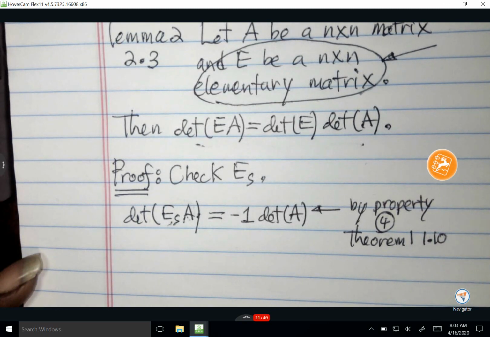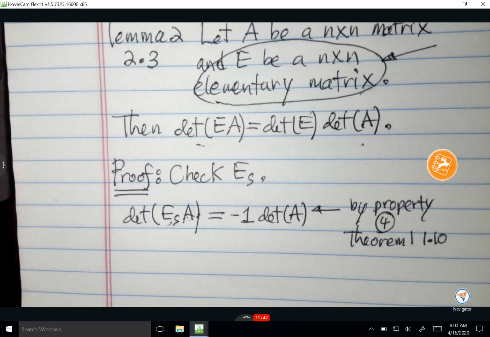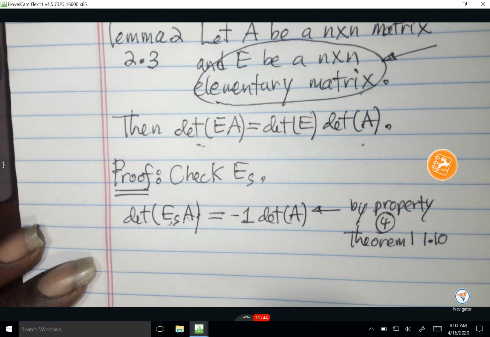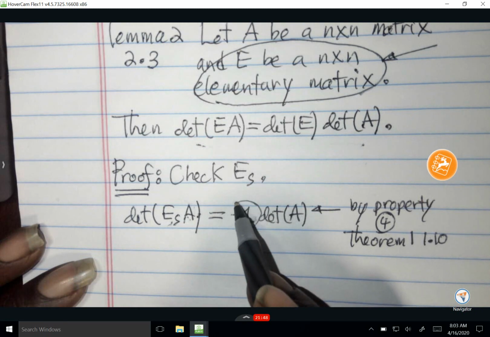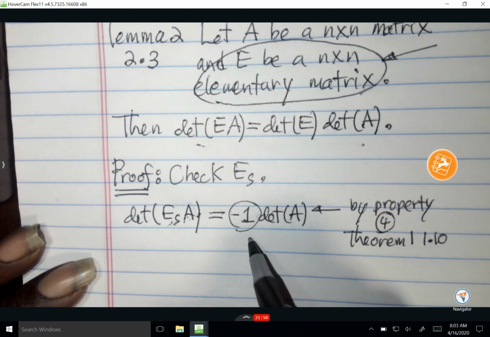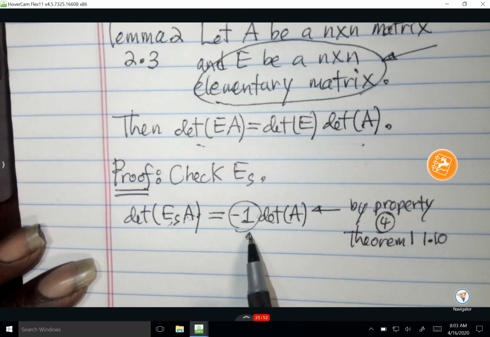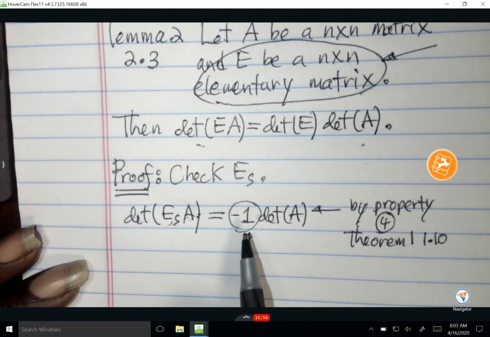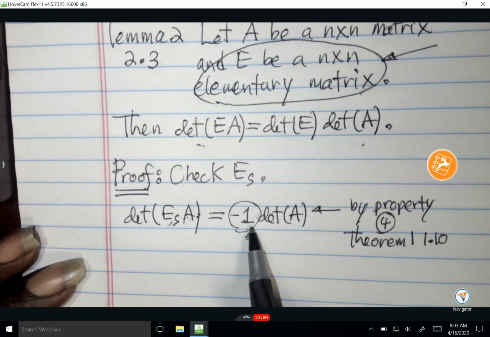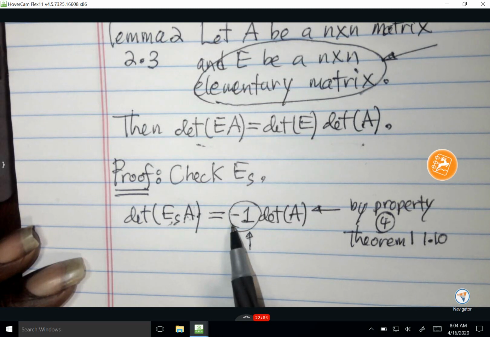Now I'm going to start to do stuff with this number minus 1. From the last lemma, Lemma 1 in 2.3, which we just proved a minute ago, negative 1 is the determinant of E-switch.